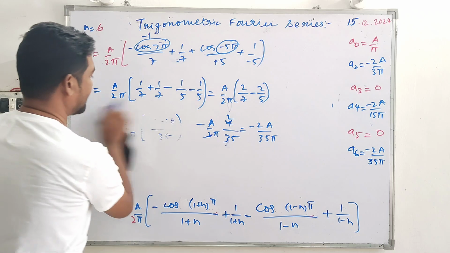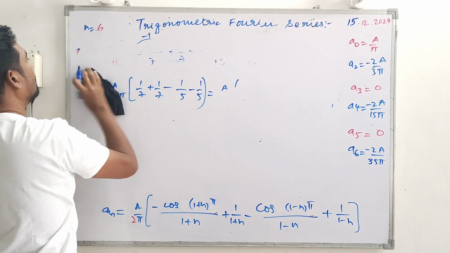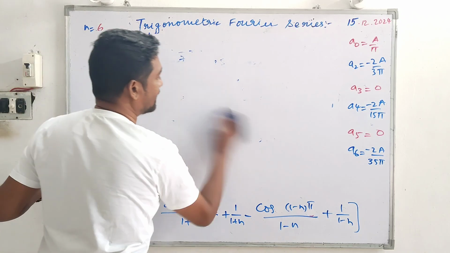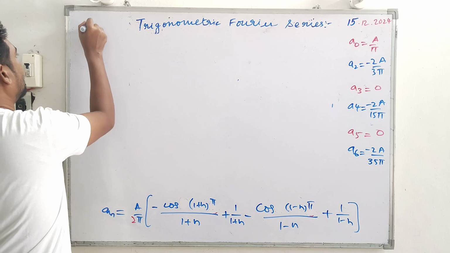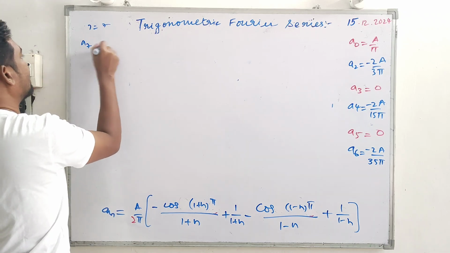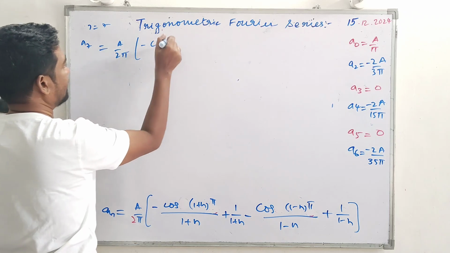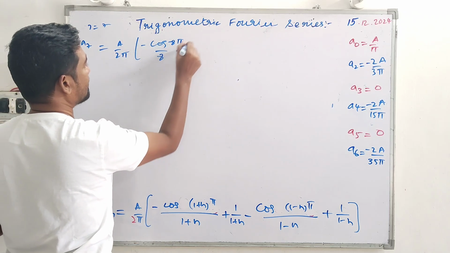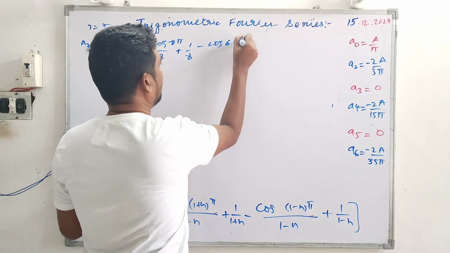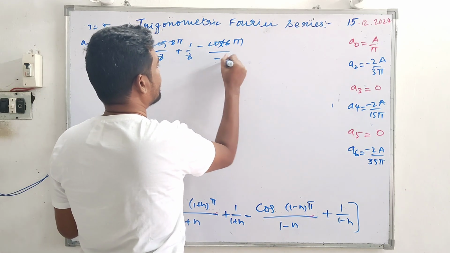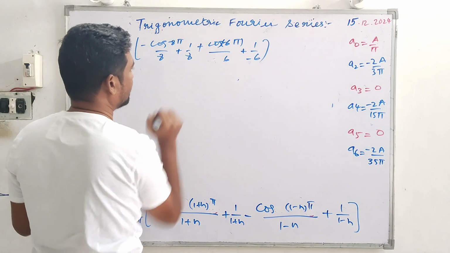Alright, and in the same way, A7 also will be 0, even that has to be shown. N equal to 7, which gives us A7, that is A by 2 pi, minus cos of 1 plus 7, 8 pi by 8, plus 1 by 8, minus cos of 1 minus 7, minus 6 pi by minus 6, plus 1 by minus 6, and here this is a positive once again.